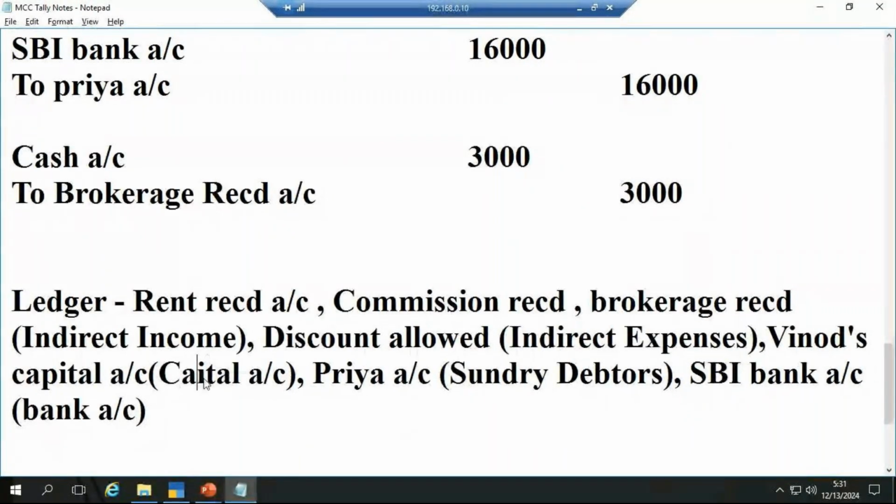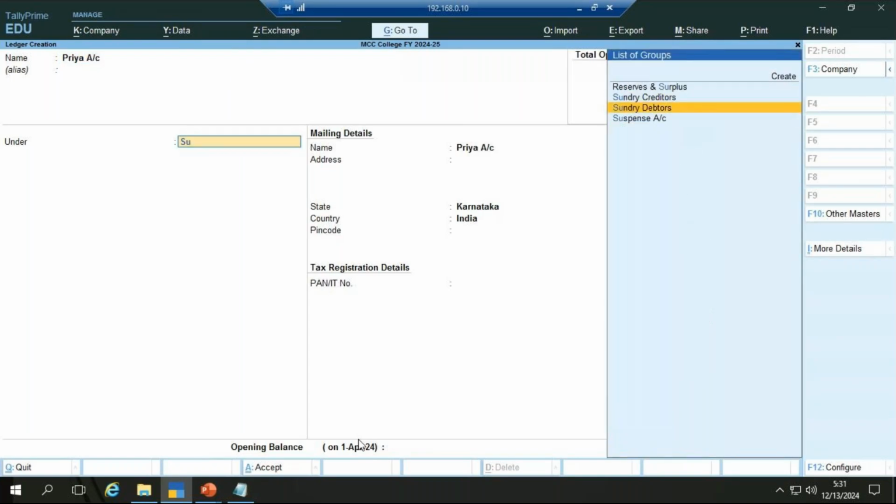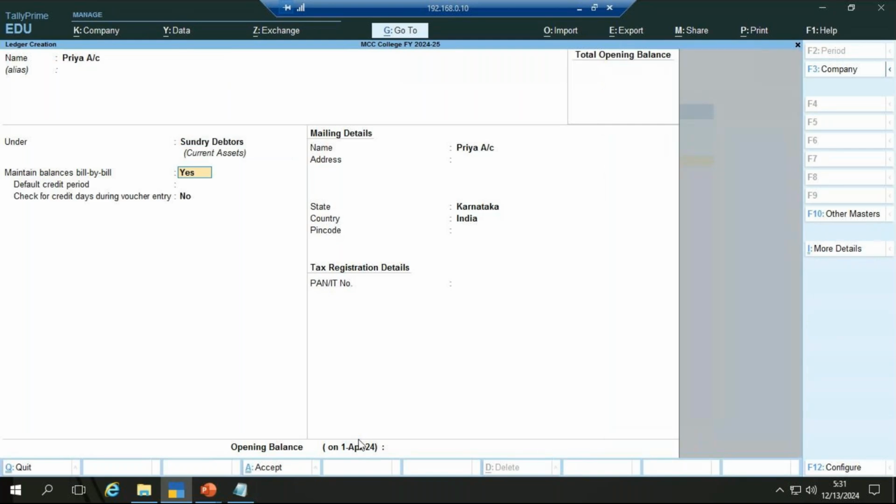Priya account. So I'm going to create here Priya account. It comes under sundry debtor. Control A with this. Next, the last one, that is SBI bank account.